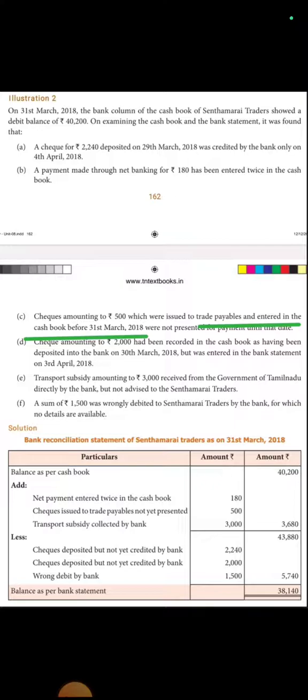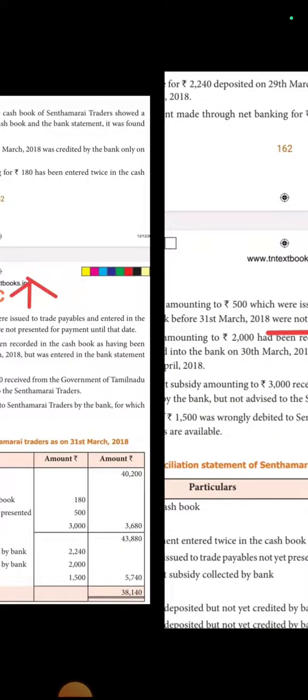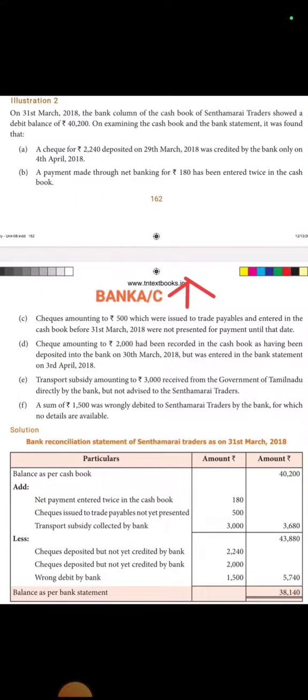At the bank, the checks were not presented for payment until that date. After issuing a check of rupees 500, we thought our bank account decreased, so we subtracted 500 rupees in our cash book. But the checks were not presented for payment until 31st March 2018.